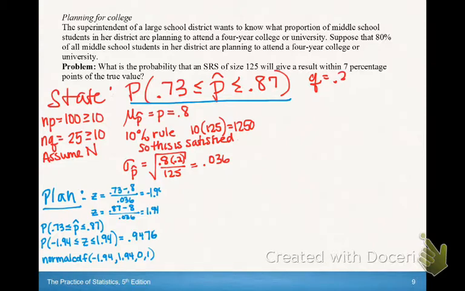So then finally, our last step to all of this is we need to conclude. I kind of did the plan and the do all at once, so I'm going to add do here.